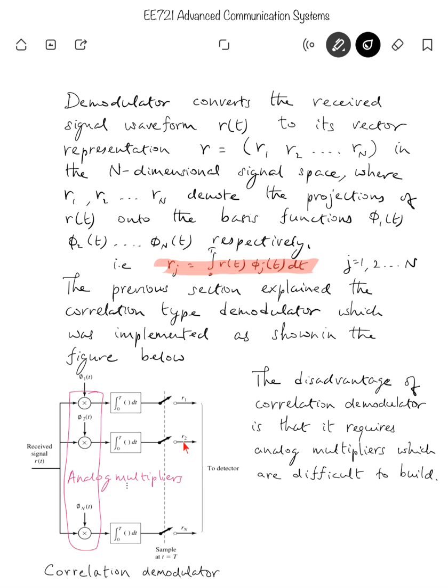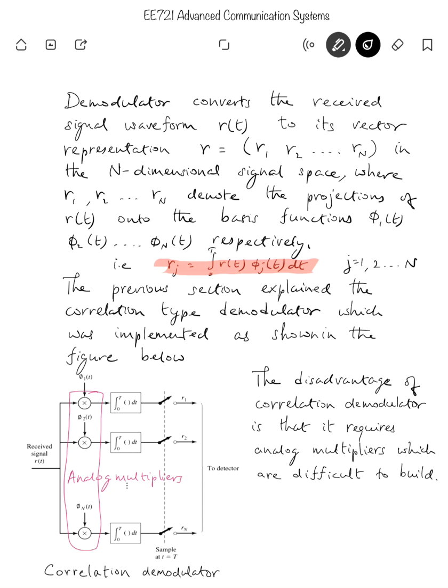Similarly, the second branch is computing the projection of R of t onto the basis function phi2 of t, and we call those projections R1, R2, R3 up to Rn. So basically, what the demodulator is doing is converting the signal waveform R of t into the vector R with the elements R1, R2 up to Rn.